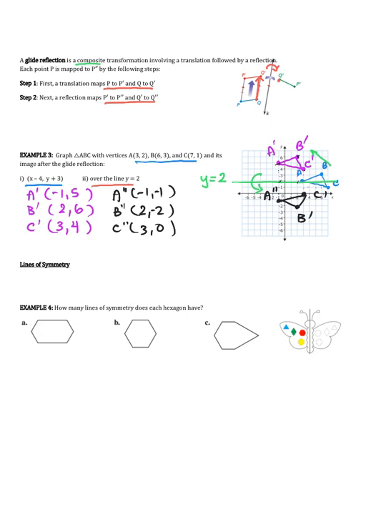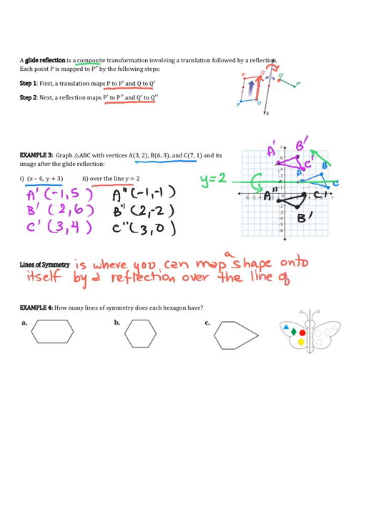So, just to put this, it's where you can map a shape onto itself by a reflection over the line of symmetry. Later on, we're going to be looking at rotational symmetry.